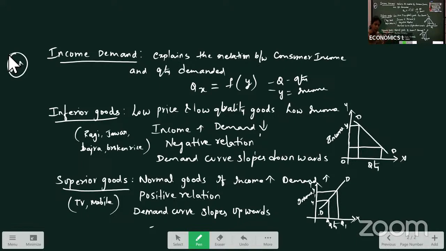In Giffen goods, the demand curve is an exceptional case, whereas here we say for inferior goods the demand curve slopes downwards. The main thing is that in exceptional cases, price is affecting the demand, whereas here, income is affecting the demand. We assume that price will remain constant. Got the point here? So this is all about income demand. Clear? Just go through it once. Next, we will do the cross demand concept.